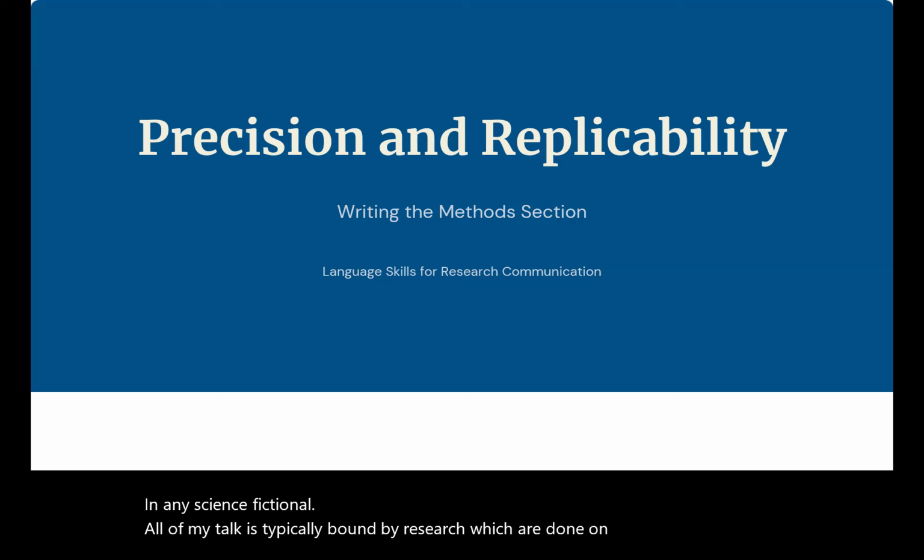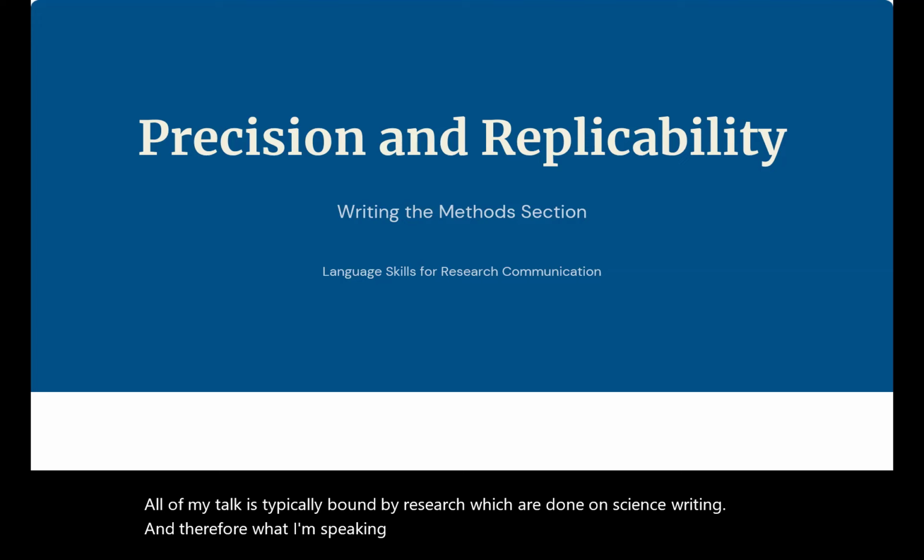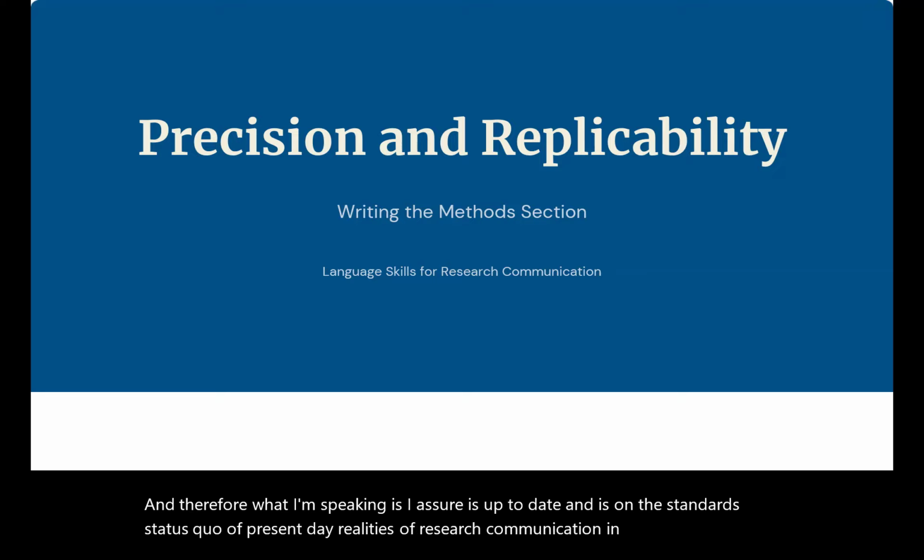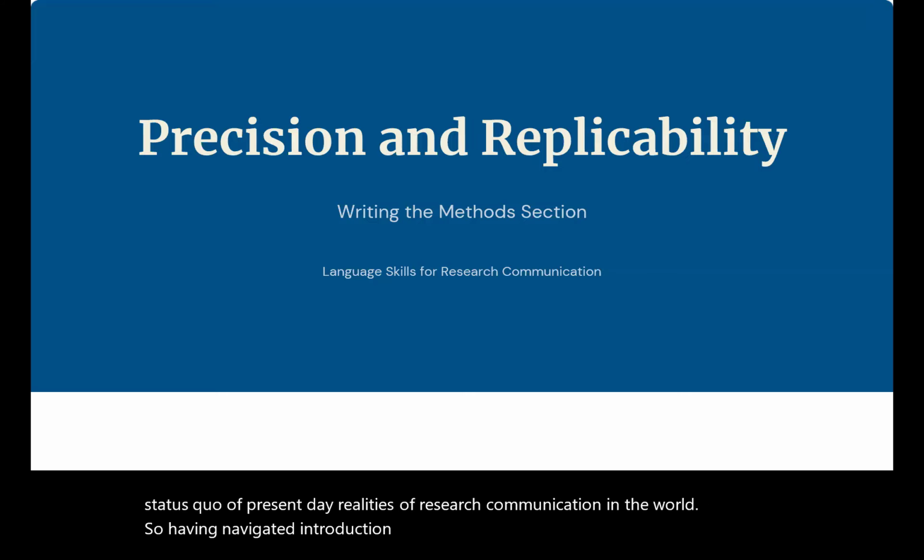And therefore, what I'm speaking is, I assure, up to date and on the standards, status quo of present-day realities of research communication in the world. So having navigated introduction and the literature review last week, now we are looking at the method section.